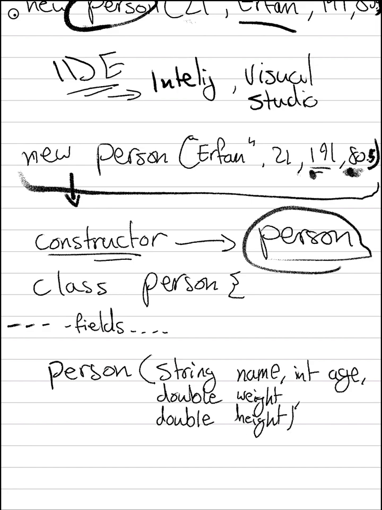So a constructor is always inside of a class, right? Yes, exactly. It's always going to be inside of the class. And it's typically right after the fields. It's going to be the first thing after the fields.